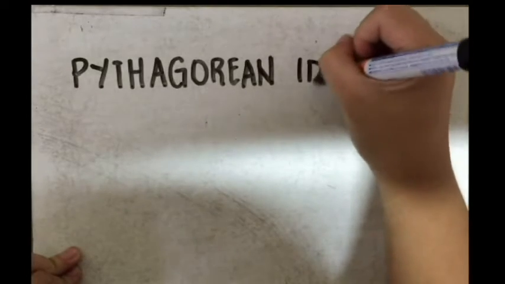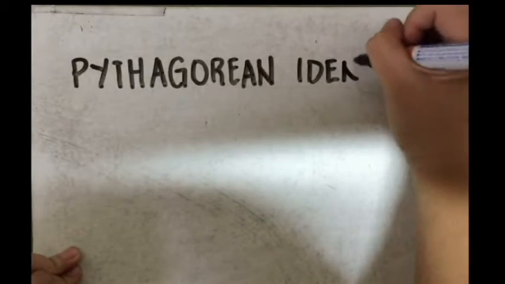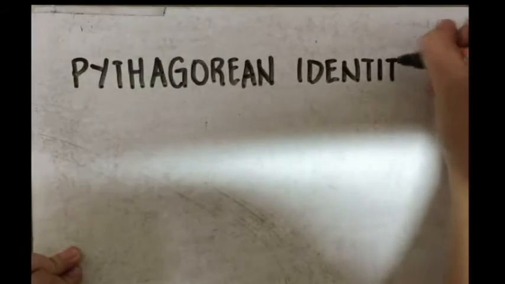In this number, we can use the first Pythagorean identity, which is cos squared x plus sin squared x equals 1.